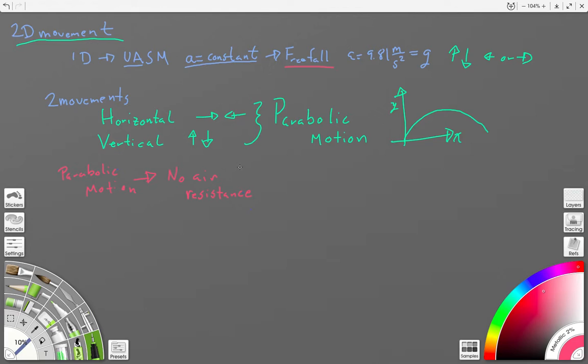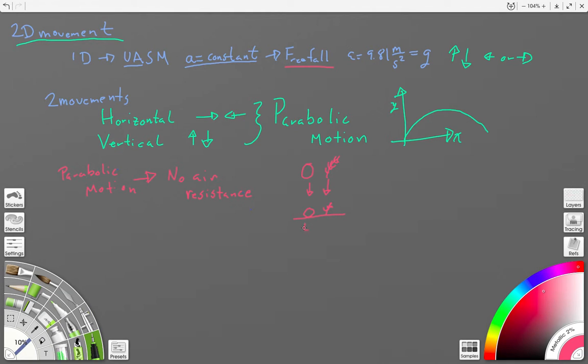Remember in our first video that we saw how the bowling ball and the feather fell? If you take air resistance out of the equation, both of them will hit the ground exactly at the same point in time.